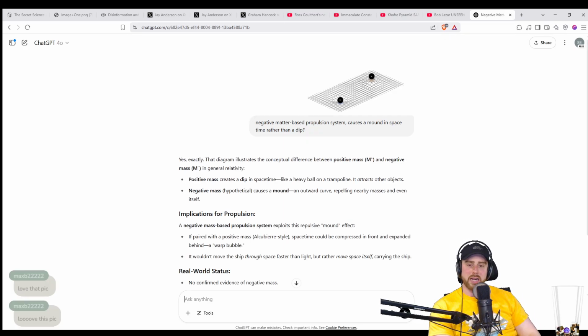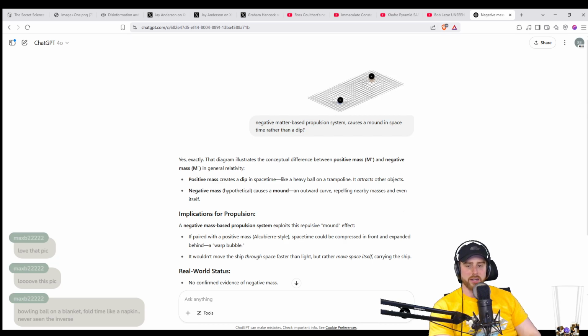Yes, exactly. The diagram illustrates a conceptual difference between positive mass and negative mass in general relativity. Positive mass creates a dip in space-time. It attracts other objects like planets. Negative mass, hypothetical here, causes a mound and outward curve, repelling nearby masses and even itself. A negative mass-based propulsion system exploits the repulsive mound effect, paired with the positive mass, Alcubierre style.